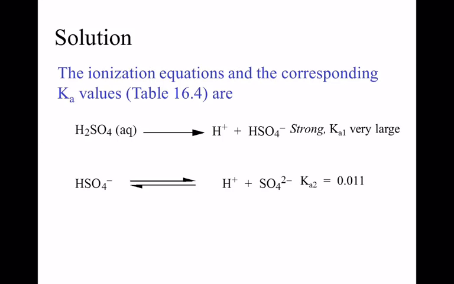Okay, so that is ionization number 2. Notice there's a Ka value for this equilibrium, and we could write the Ka expression. It's the molar concentration of the products, H+ and SO4 2-, divided by the molar concentration of the reactant, HSO4-. And we have a Ka of, it's pretty high, 0.011.